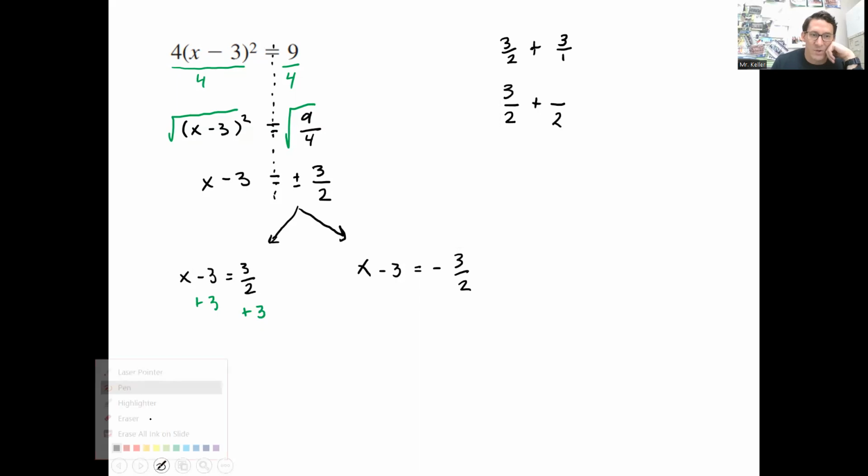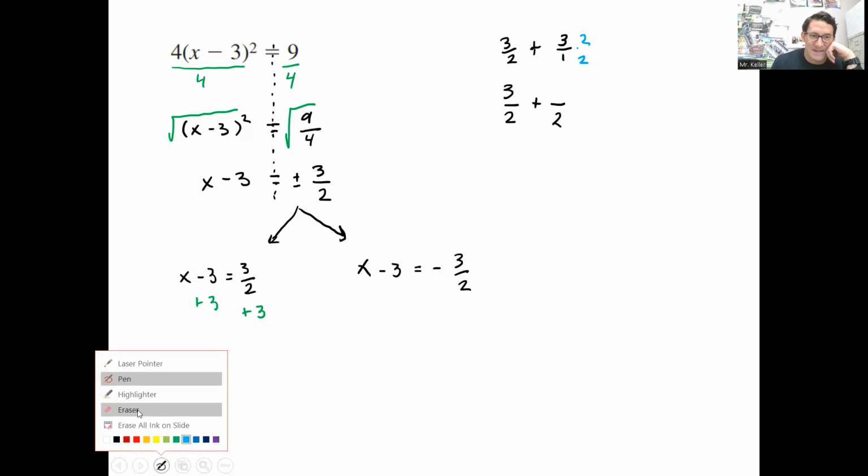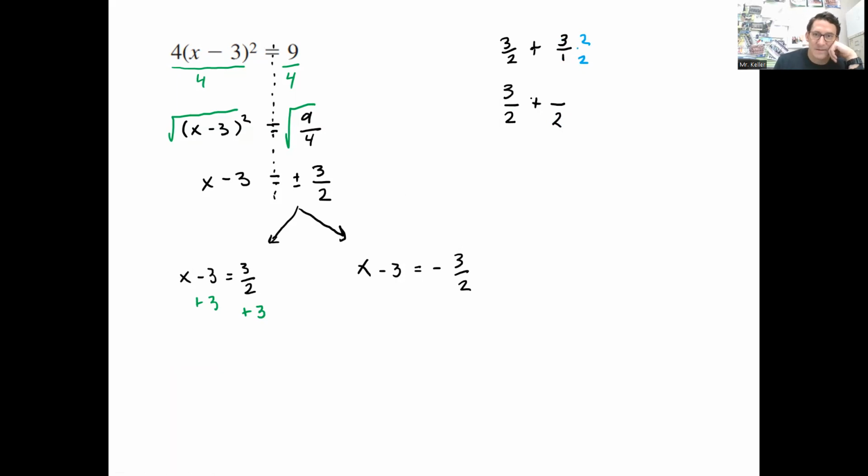To change that 1 to a 2, I need to multiply top and bottom by 2. So 1 times 2 is 2, I already have it there, and 3 times 2 is 6. Then when I add together, you just add the numerators, 3 plus 6 is 9. So this one comes out to x is equal to 9/2.